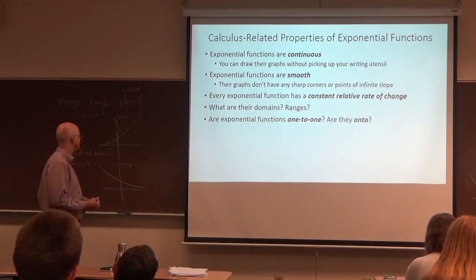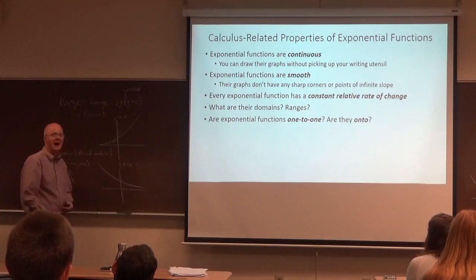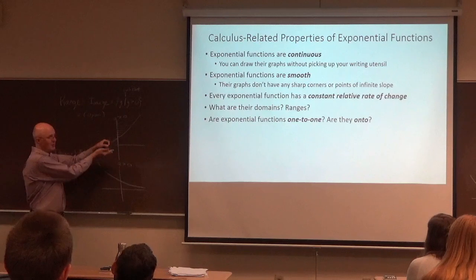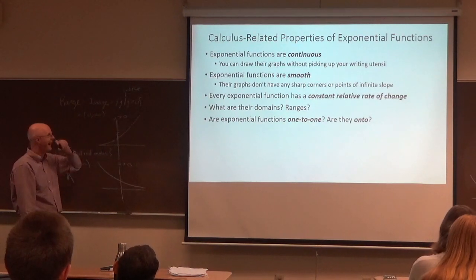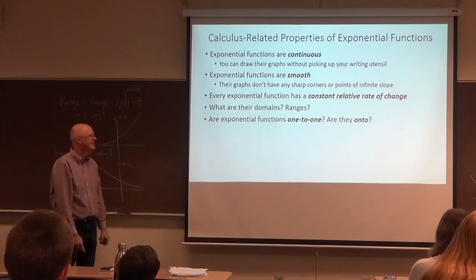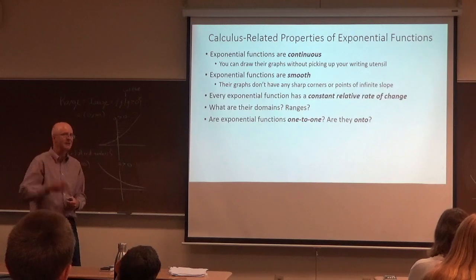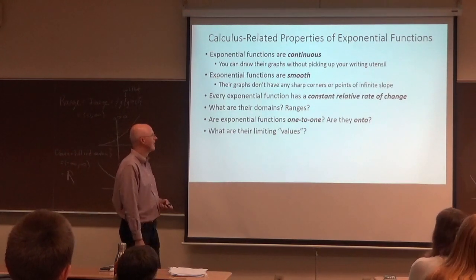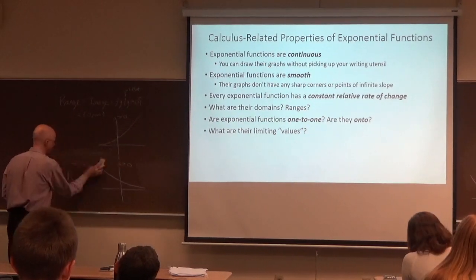Are they onto? Well, it depends on what you mean. What we typically mean is, are all real numbers possible outputs? And the answer is no. But if we restrict the codomain to being just all positive numbers, then the answer is yes. So the onto question can be changed from yes to no just by changing whatever you're considering the codomain to be. What are the limiting values? Let's just focus on the exponential growth one.